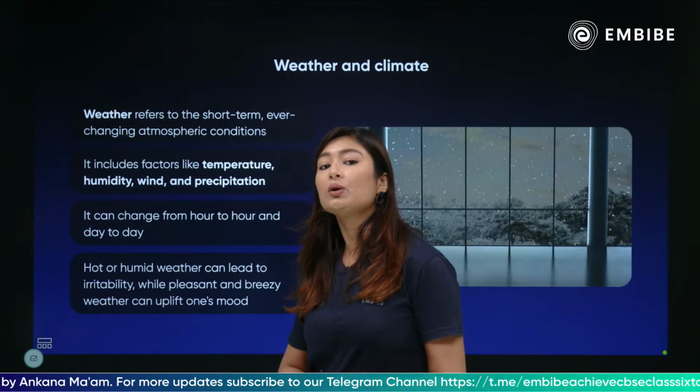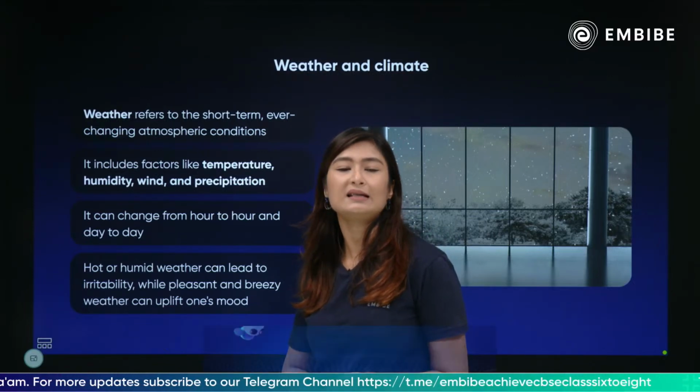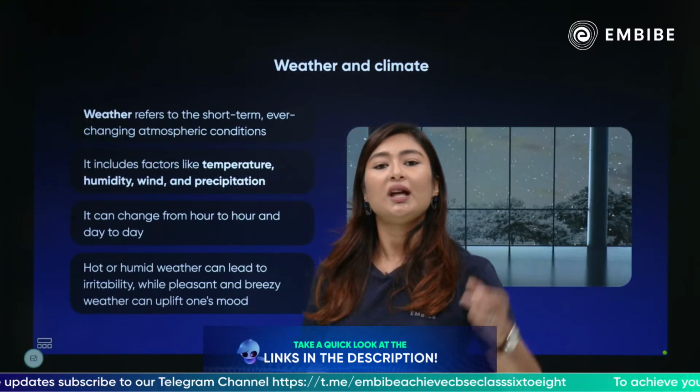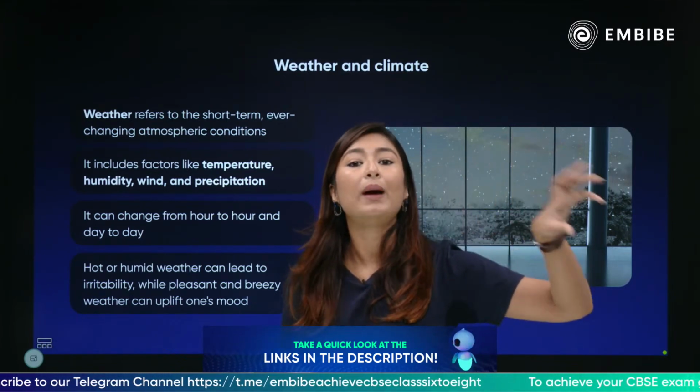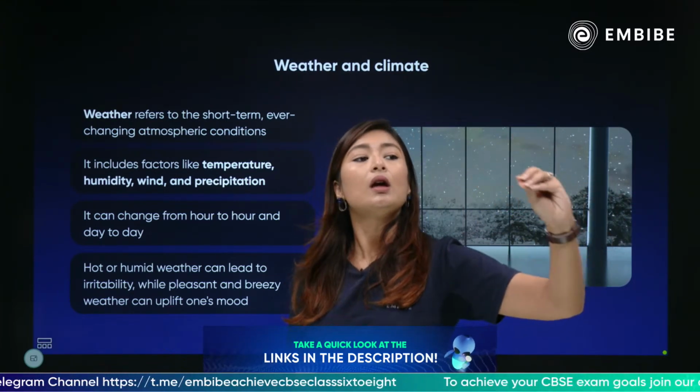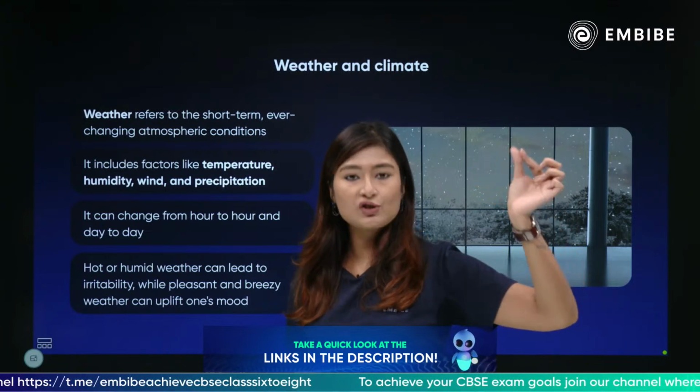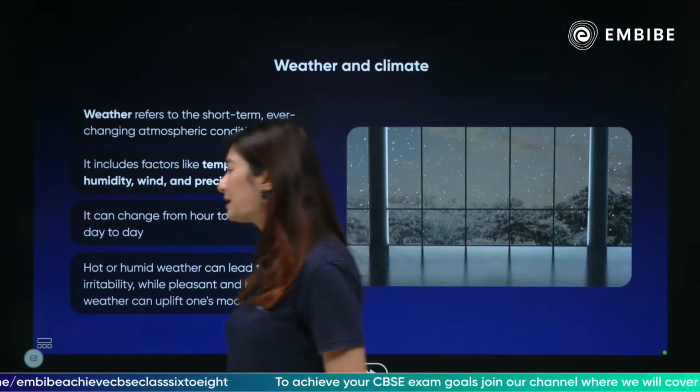So weather, how do you measure? How do you assess? कैसे पता चलता है weather कैसा होगा? So there are certain elements, there are certain parameters. कुछ ऐसी चीज़ें हैं, कुछ ऐसे features हैं जिनको measure करके हम weather का पता लगाते हैं. What are these elements?